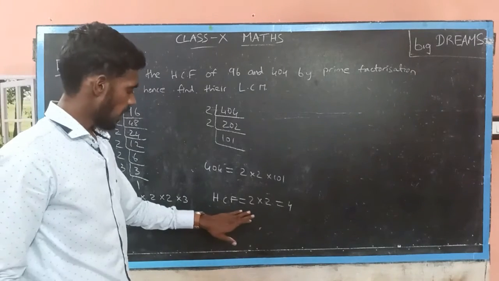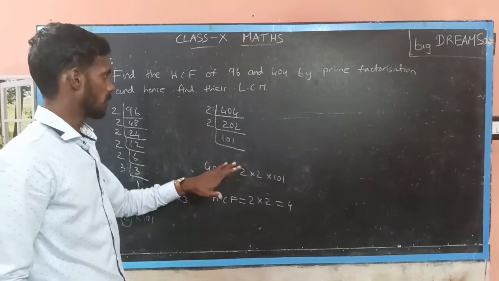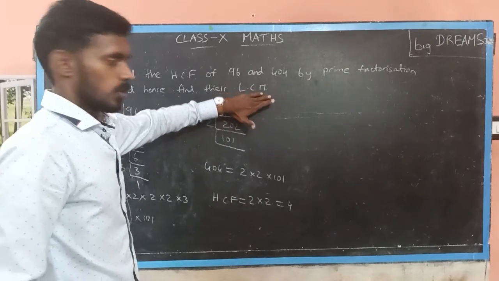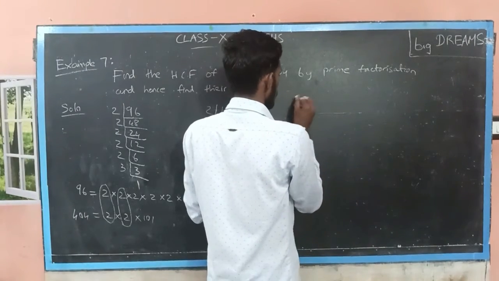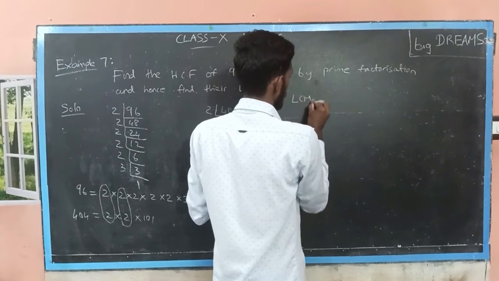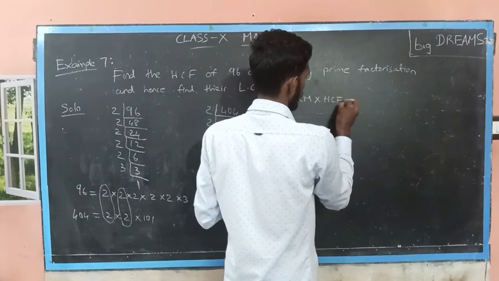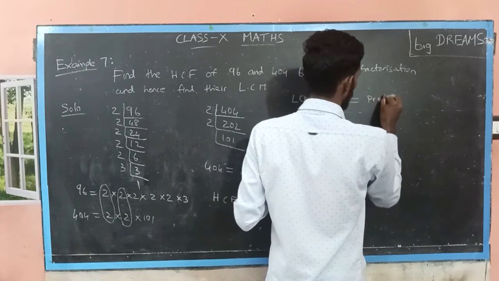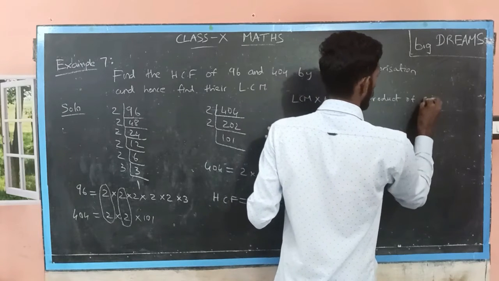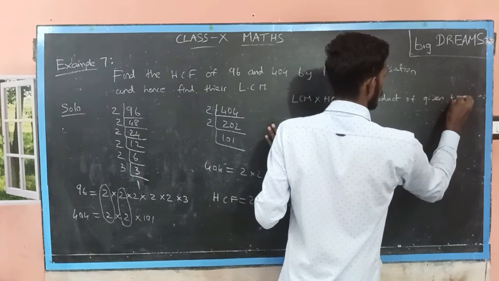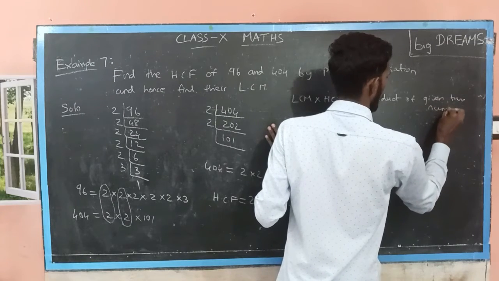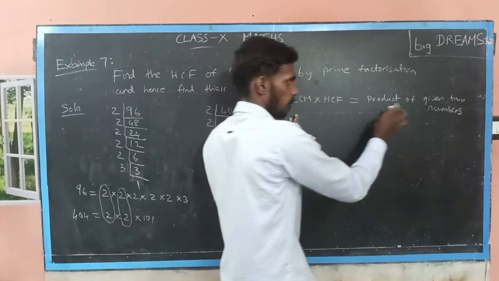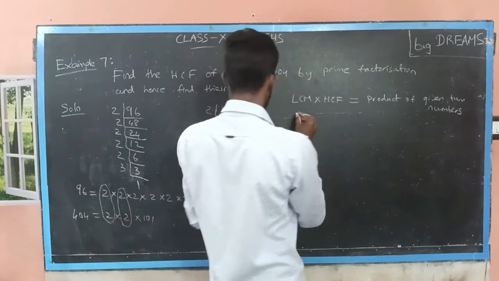Okay, so now I have found the HCF of the given two numbers. Using this HCF value, we have to find the LCM. To solve this, we have to know the relationship between the LCM and HCF. So the product of LCM and HCF is equal to the product of the given two numbers, right?